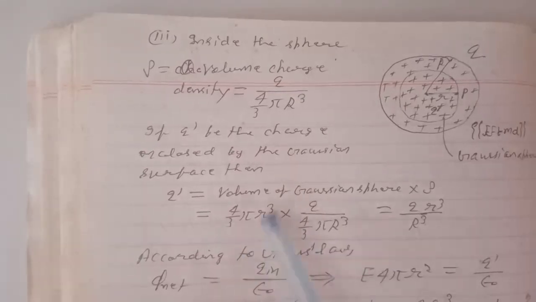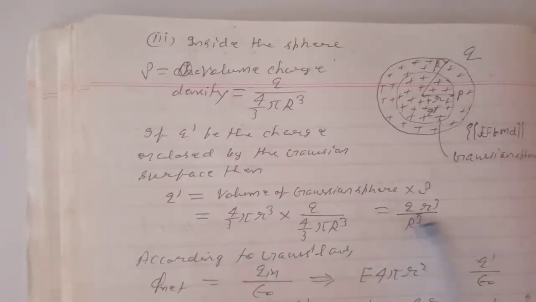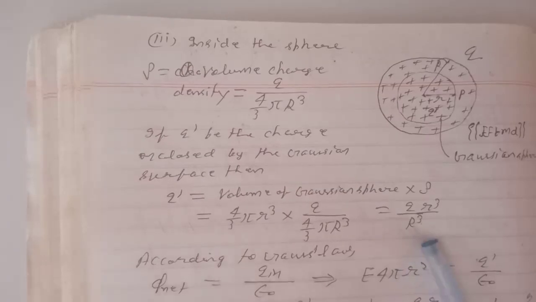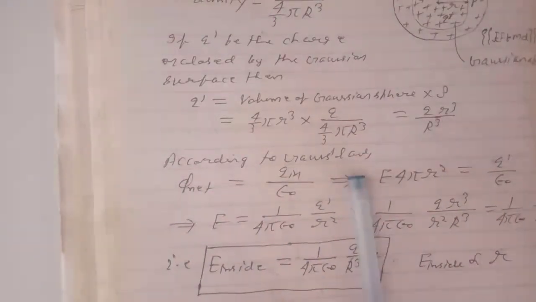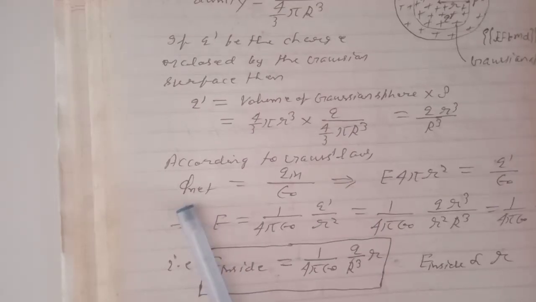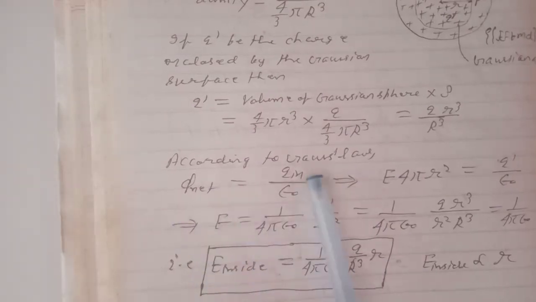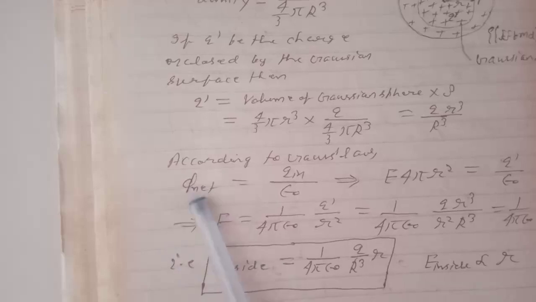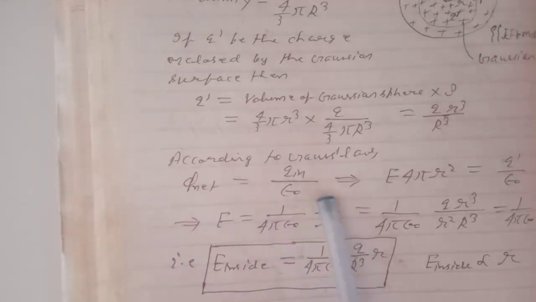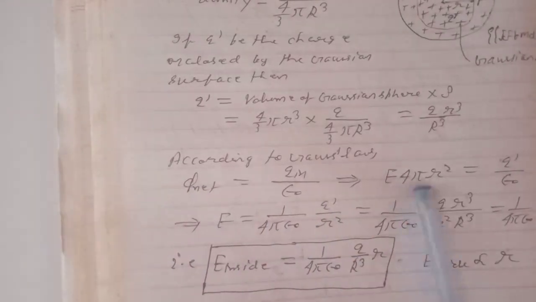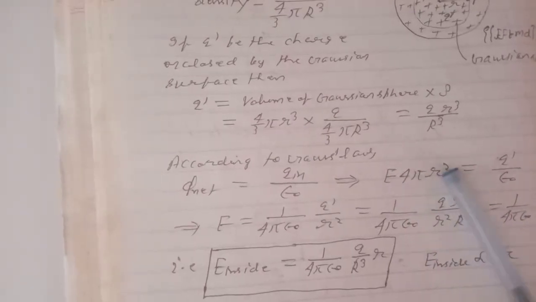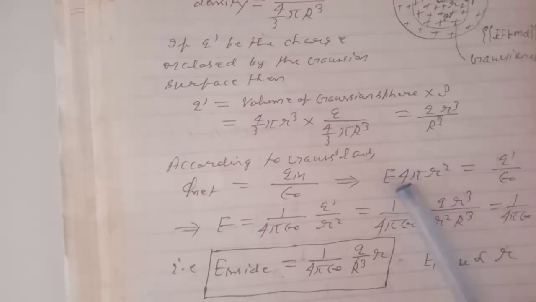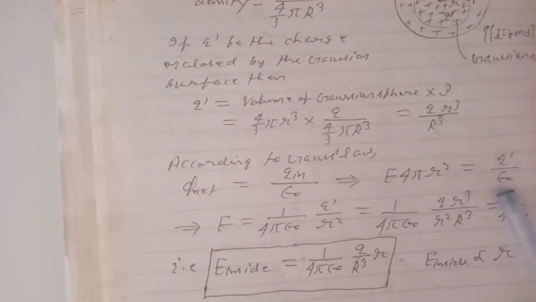So this will cancel, and we are left with q dash equals Q into r cube by R cube. Now according to Gauss's law, phi net, the total flux through the Gaussian sphere, equals q enclosed by epsilon naught, that is E into 4 pi r square. Because it is a symmetrical situation, we have already proved earlier that the flux will be like this. E into 4 pi r square equals q dash by epsilon naught.